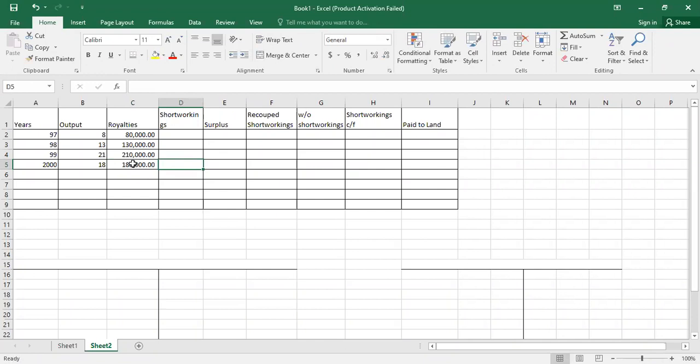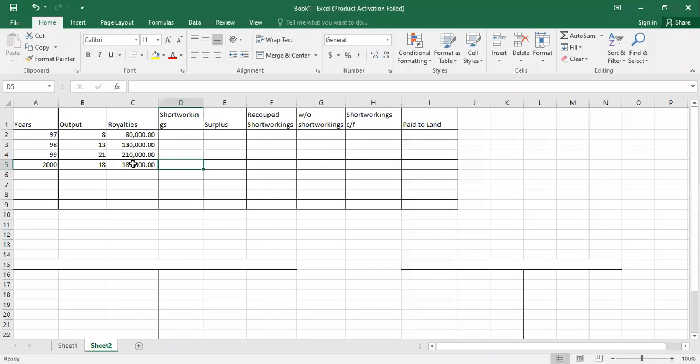What is our agreement? What's our minimum rent? We need to know the figure for the minimum rent so that we know whether it's a short working or a surplus. So we have a minimum rent of 150,000.